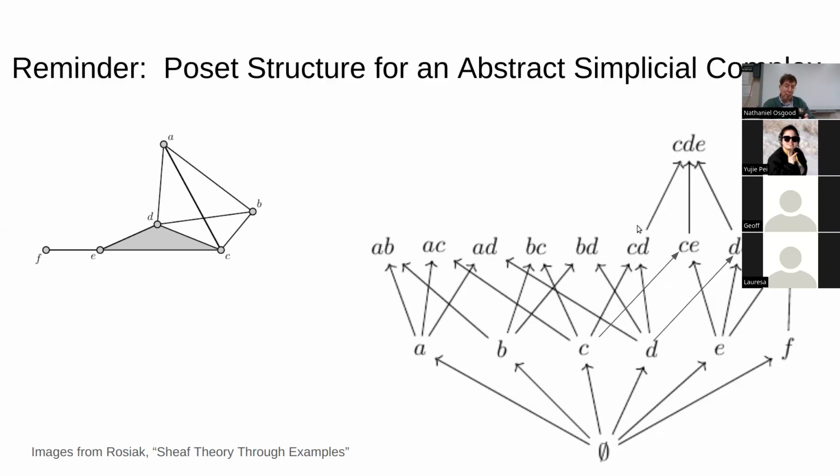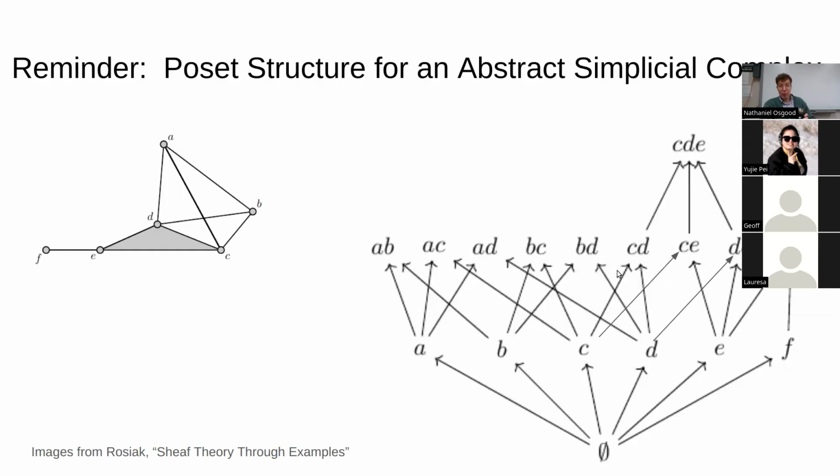But if we consider something above it in the poset, CD, that star will be related to the star for the thing below. So CD is above C, but the star for CD is included in the star for C. So in some sense, if we think about a category of sets and inclusions, if CD is above C in the poset here, the attachment poset, the star for CD will be less than or equal to the star for C in the category of sets and inclusions.